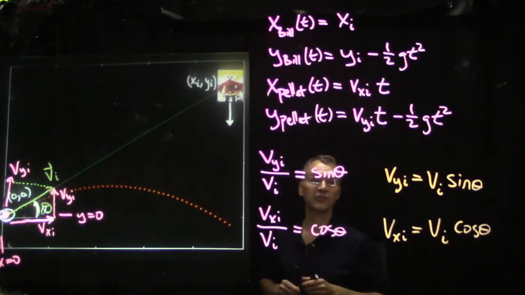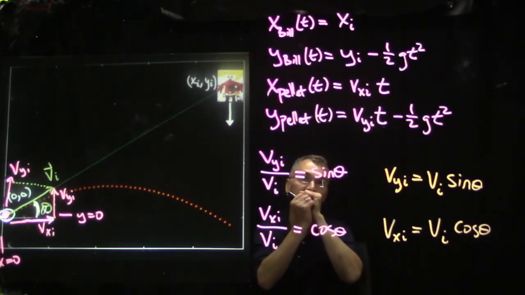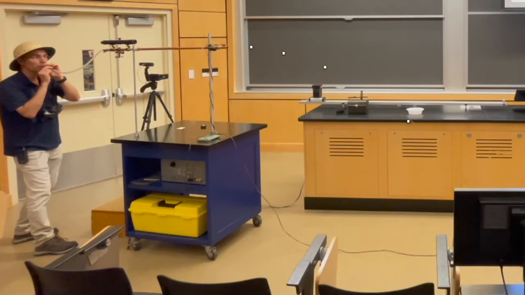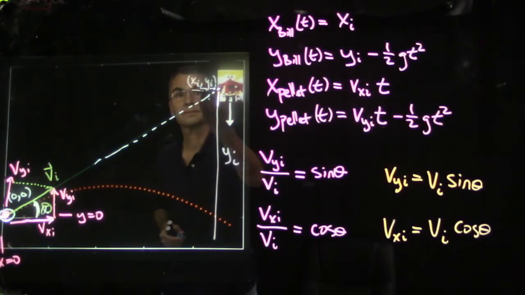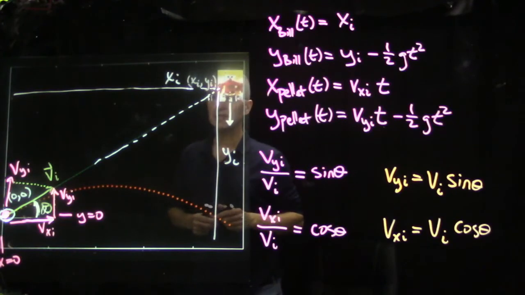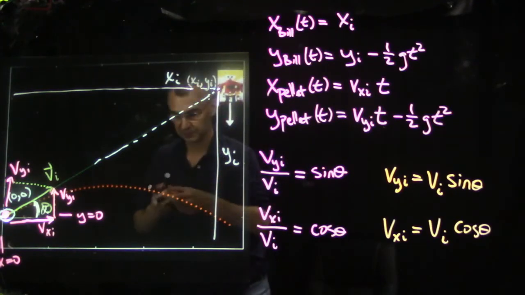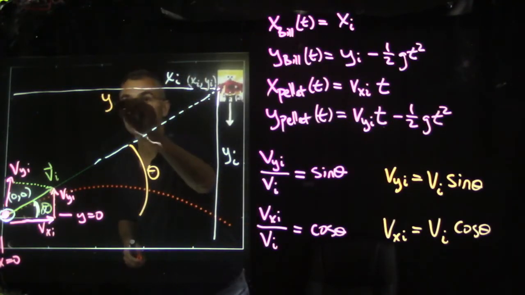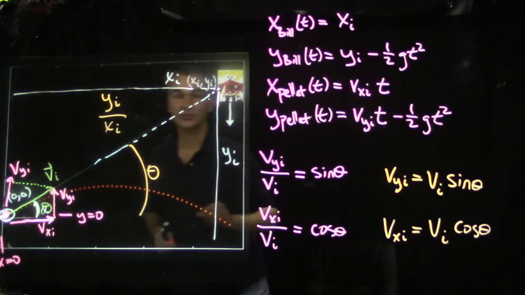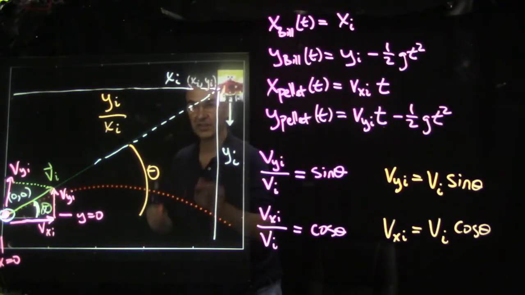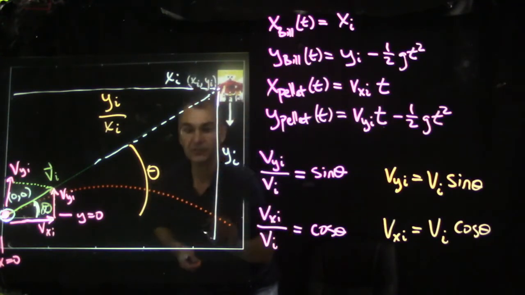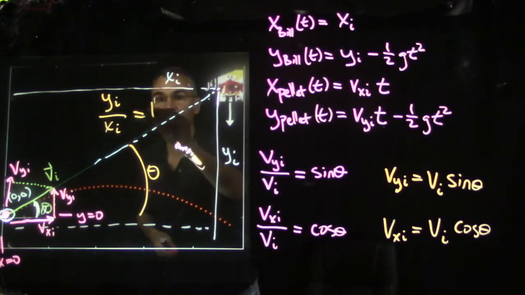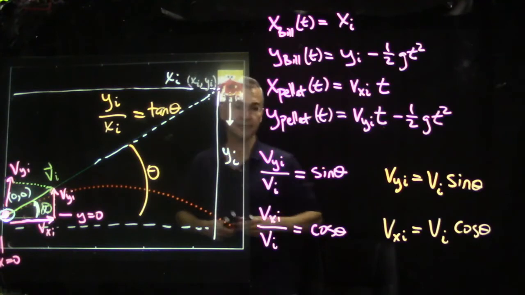This V initial is just the speed, which will depend on how hard I blow into the little tube that propels the pellet. Then notice that if I aim directly at Mr. Bill, then using this very same angle theta, y initial over x initial is opposite over adjacent, and that equals the tangent of this same angle theta.